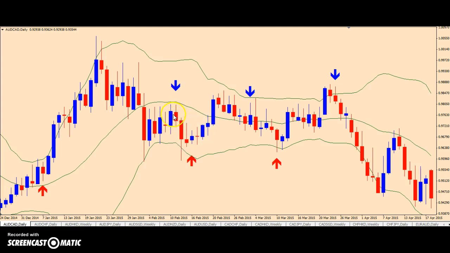So this body is within this body. That's an inside bar, and that normally represents a good sell signal, and as you saw, it went down. Not too much, but it did drop. So if you had placed your open once we got this inside bar, place your open here, then we would have picked up a few pips coming down here.